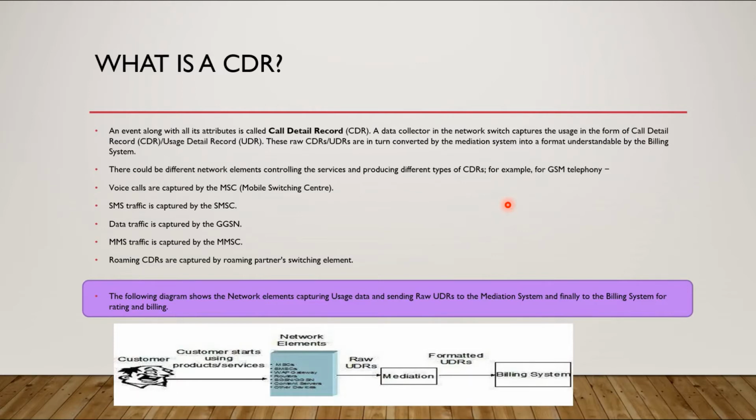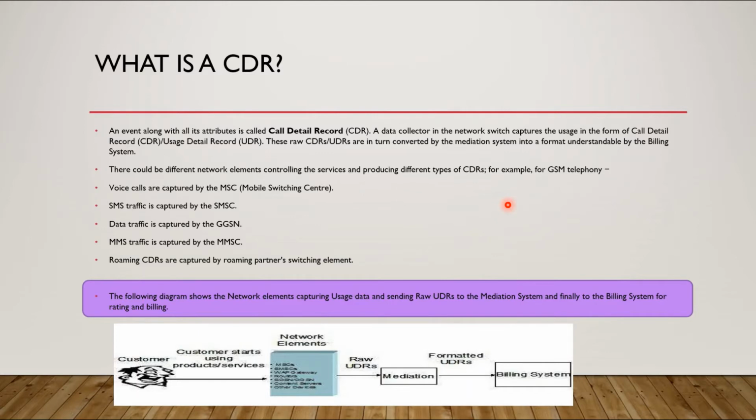CDRs are generated by each and every network element in a telecom network, and these CDRs are in an encrypted form. There is a key to decrypt them, and that key is generally on the system, because the OEMs make those systems, so of course they have the key.